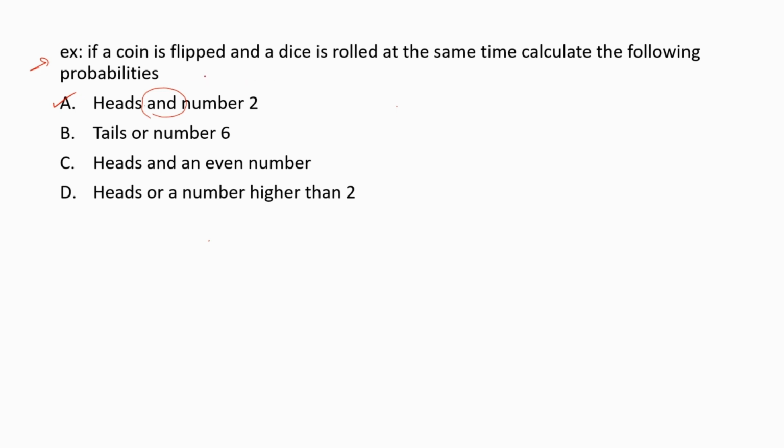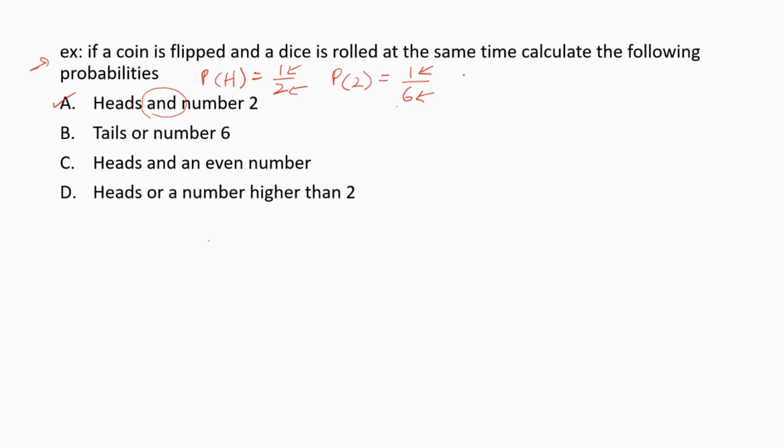The probability of getting heads equals 1 over 2 because there is only one head and there are two outcomes. And the probability of rolling a number 2 equals 1 over 6 because there is only one number 2 on a dice and there are 6 sides.